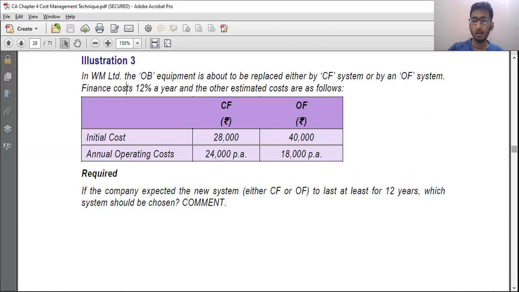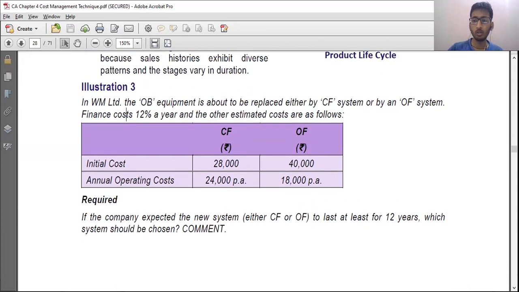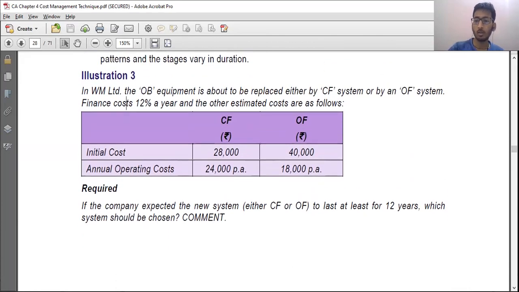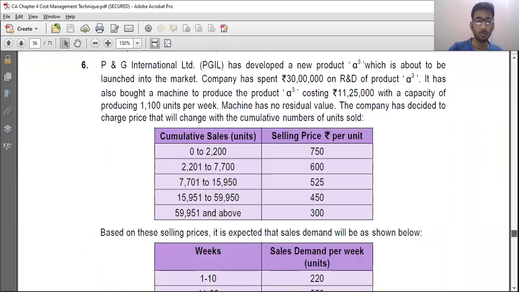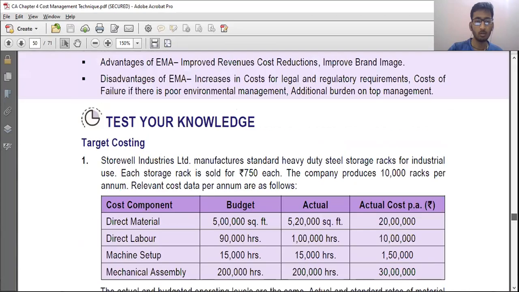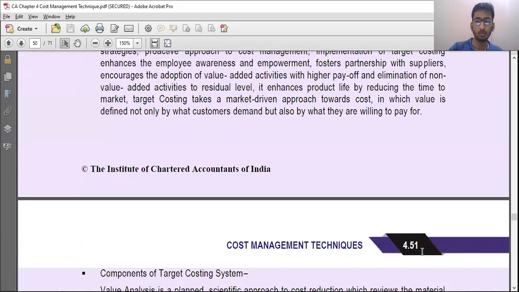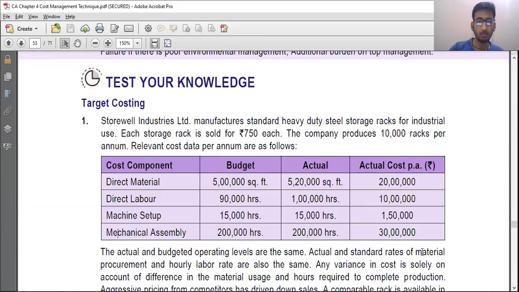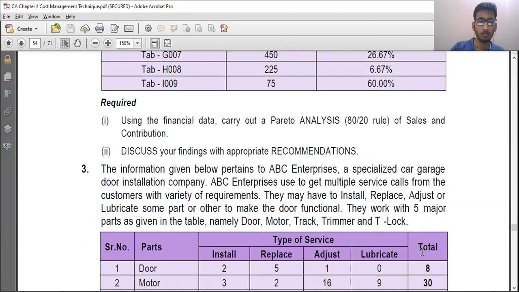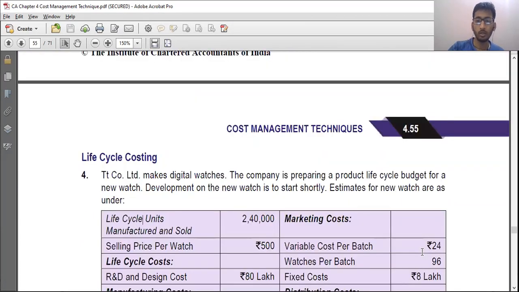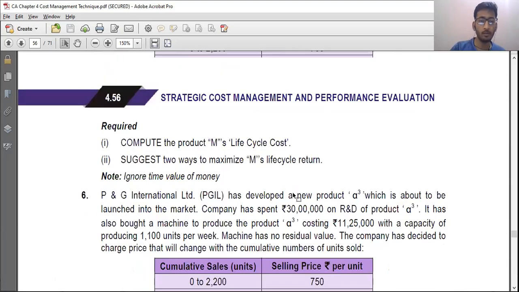And other than that, if you go to the test your knowledge part, just a second. Some questions are here as well in test your knowledge: 4, 5, 6.